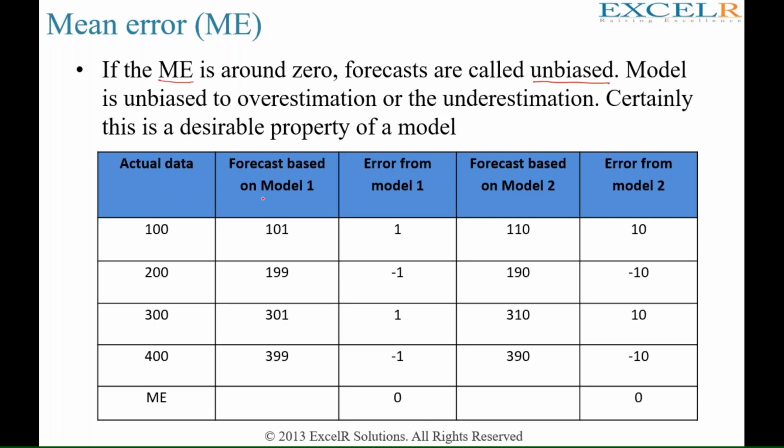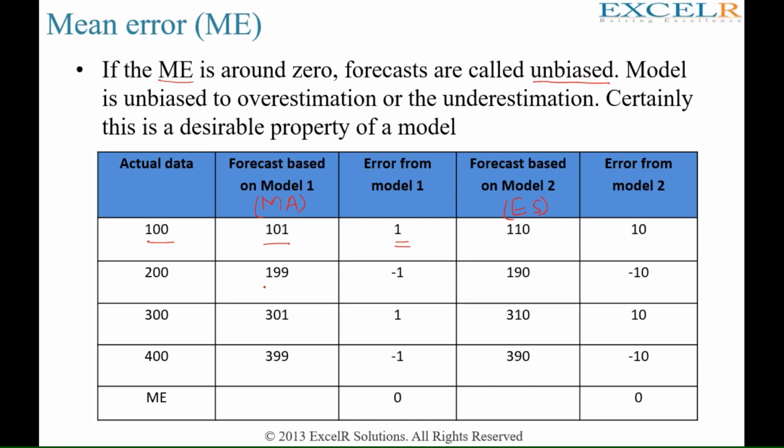Say you have built a forecast model based on moving average, and you have also used, say, the exponential smoothing technique for forecasting. You have used two models. Using moving average, you have forecasted that the value is 101, but the actual value is 100. So if you subtract forecasted minus actual value, you get 1.